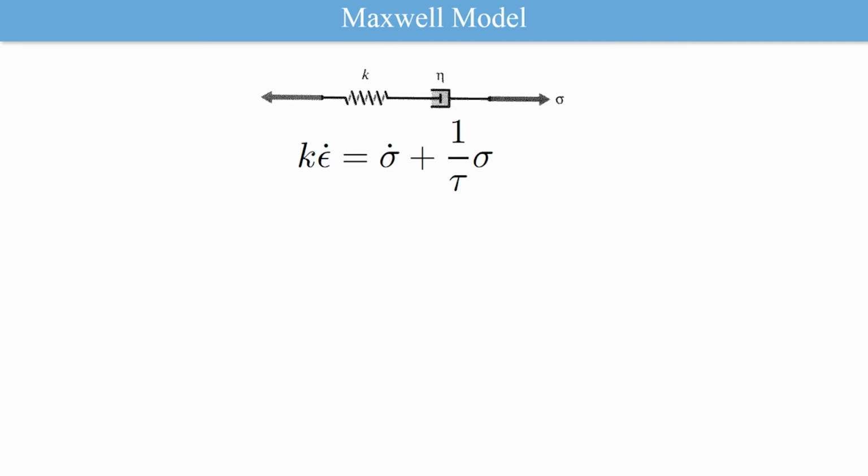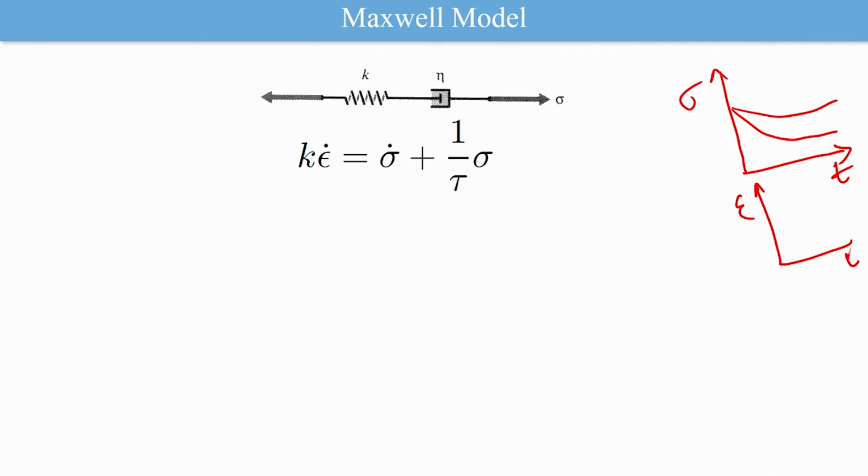As you have seen earlier, the material will have a plot of, say, sigma versus time. Then why does it relax? Or when you plot the creep, that is epsilon versus time, why is there a change with respect to time?